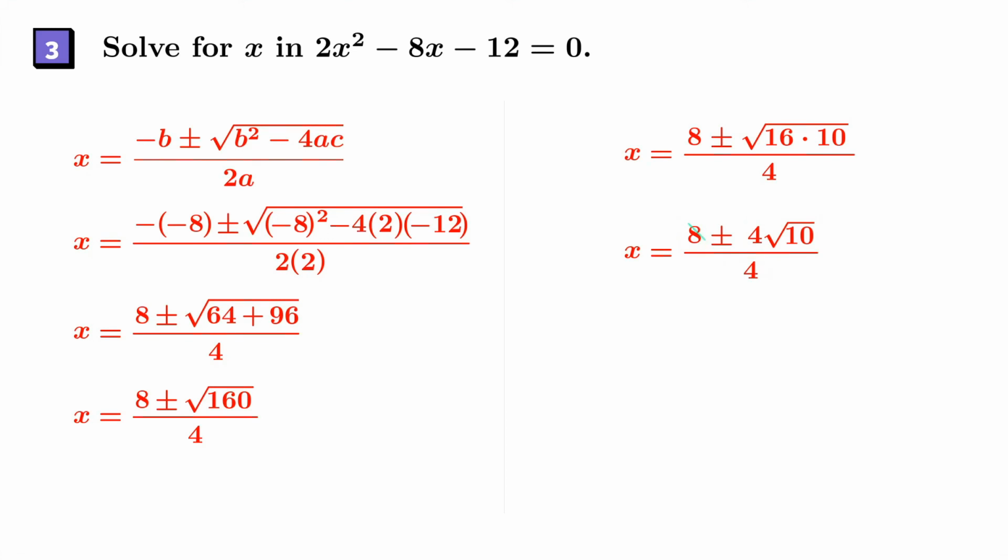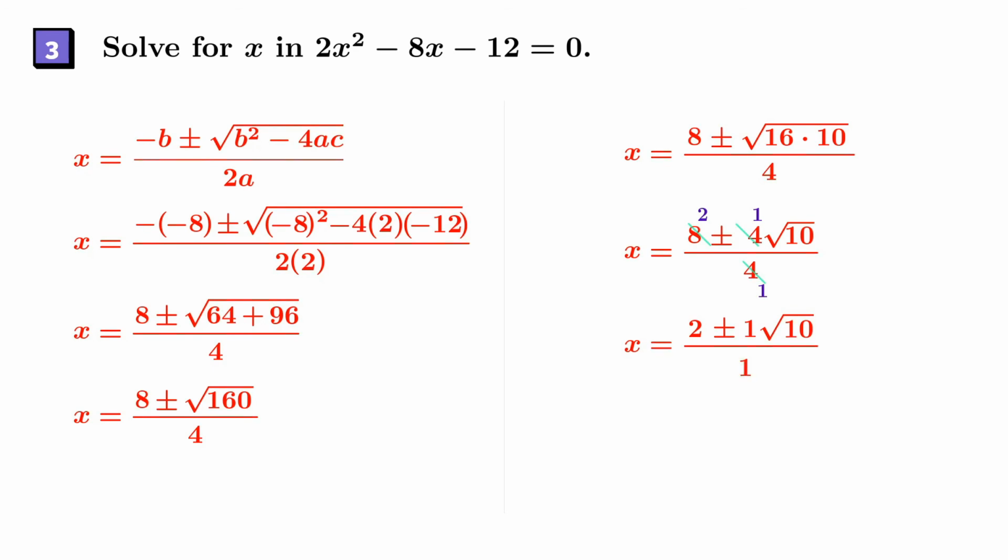So, 8 divided by 4 is 2. 4 divided by 4 is 1. And sa denominator, 4 divided by 4 is 1. So, we now have x equals 2 plus minus 1 square root of 10 all over 1.